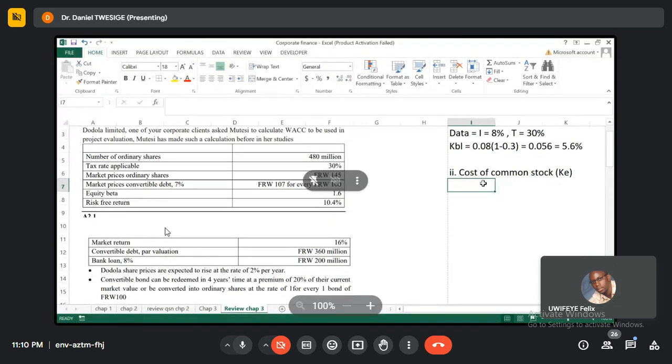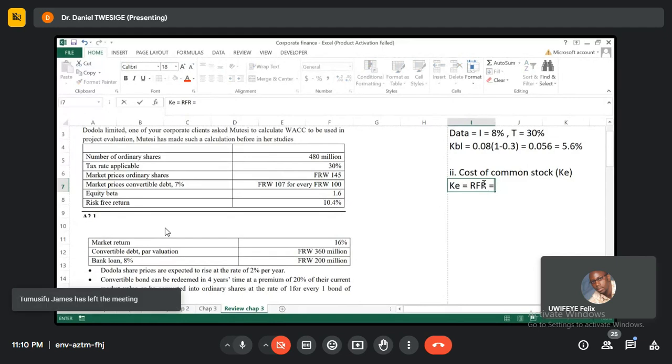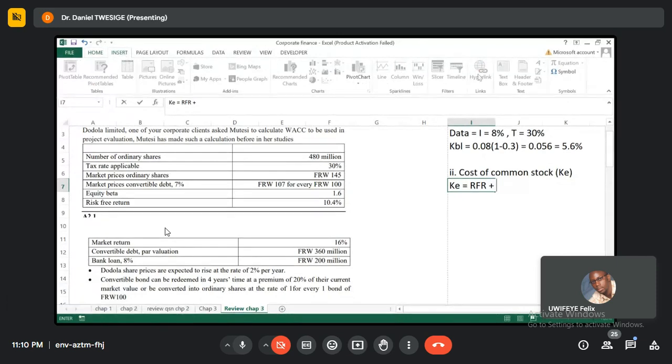Is it okay? So if we are using CAPM, my KE is the risk-free rate plus my beta into market return minus the risk-free rate.